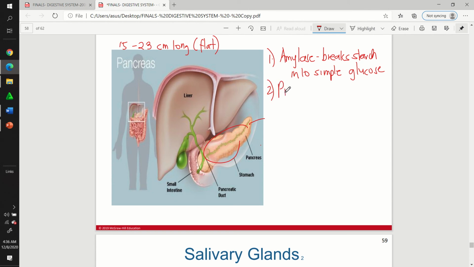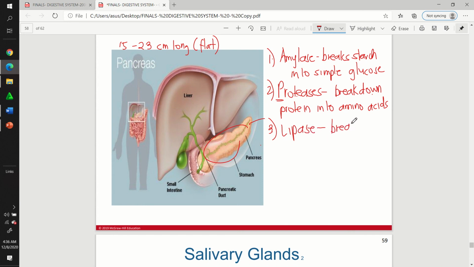Two, your proteases. It is an enzyme responsible for what? Breakdown, letter P. Break down protein into what? Into amino acids. And then your third one, your lipase.